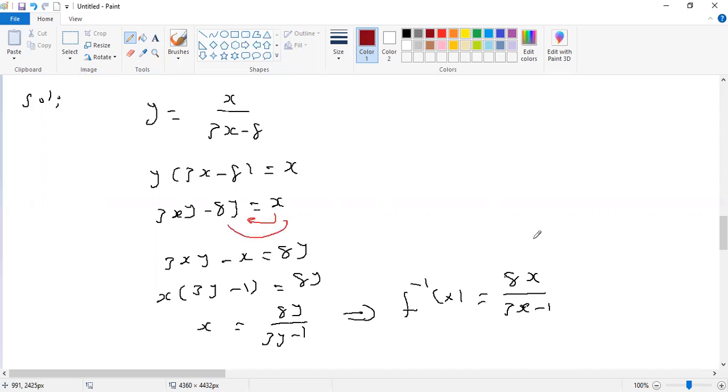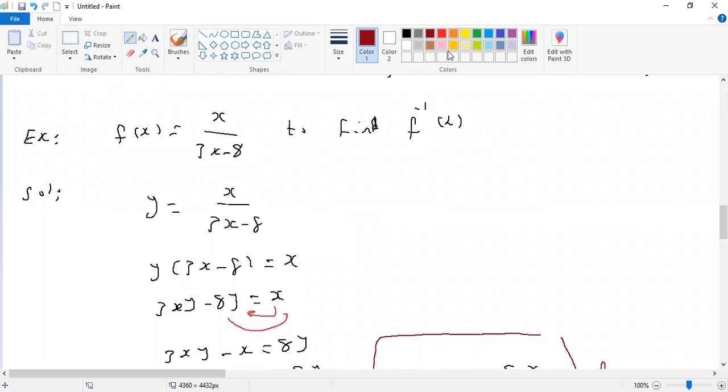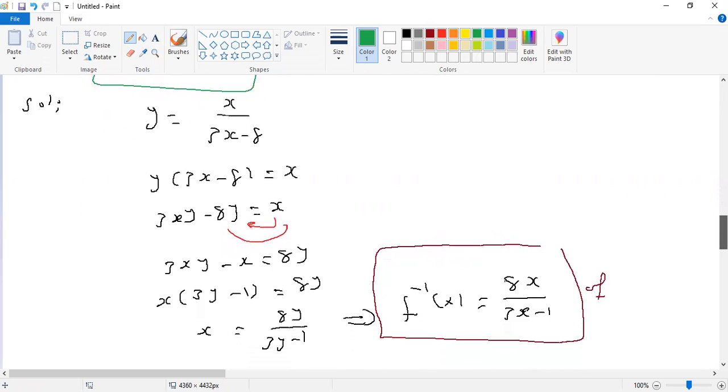Now this one is the inverse. The inverse of what? The inverse of the function given. Look at the function. This is the function: f of x equal to x over 3x minus 8.